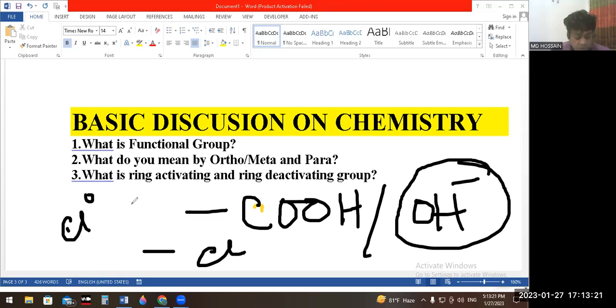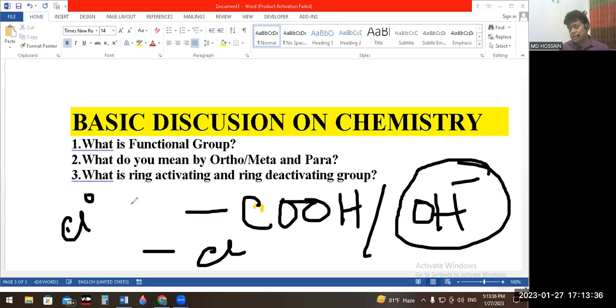So we can easily understand that a functional group is nothing but a combination of atoms or a single atom, which determines the chemical properties of the species in which it is present.